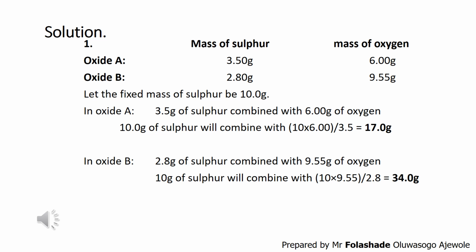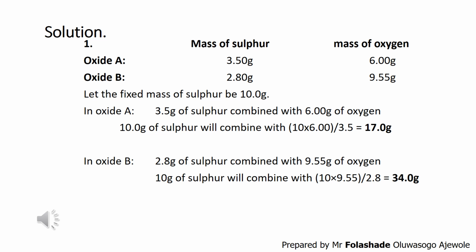Now from the values that you have, in oxide A, 3.5 gram of sulfur combined with 6.0 gram of oxygen, which implies that 10 gram of sulfur is going to combine with 10 times 6.0 gram divided by 3.5 gram of oxygen, and that will give us 17.0 gram.